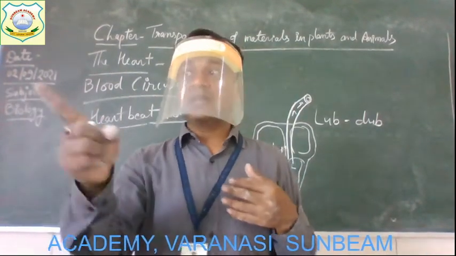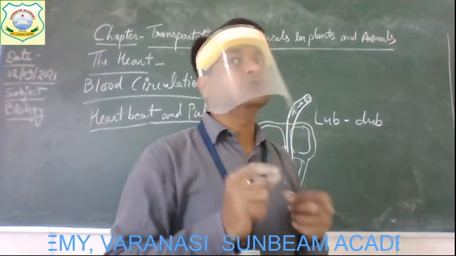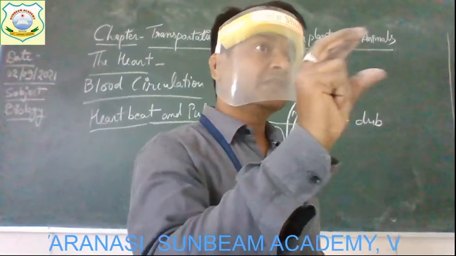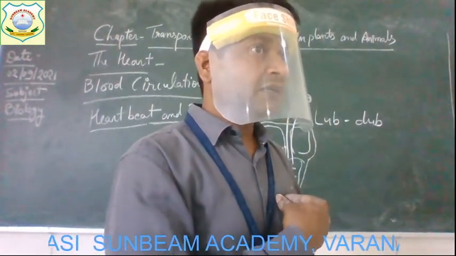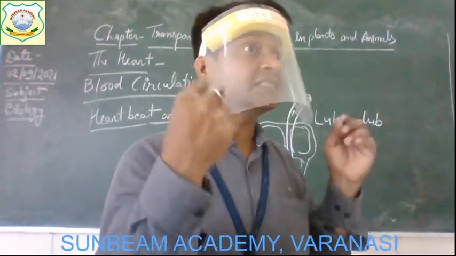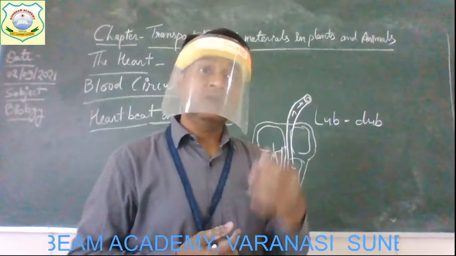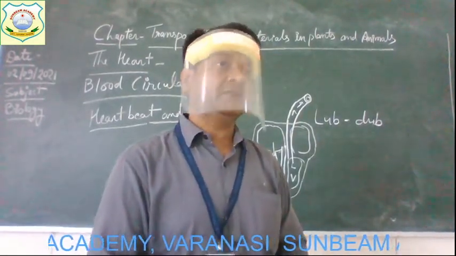If any one of you has a stethoscope, try to do it. Put it in the ears and put the other end of the stethoscope on the chest here, so you can clearly listen to the sound produced from the heart. Alright, and now count the number of times the heart beats per minute.